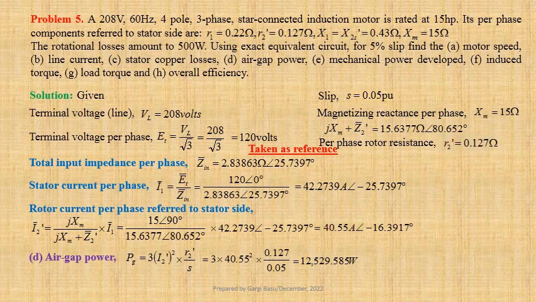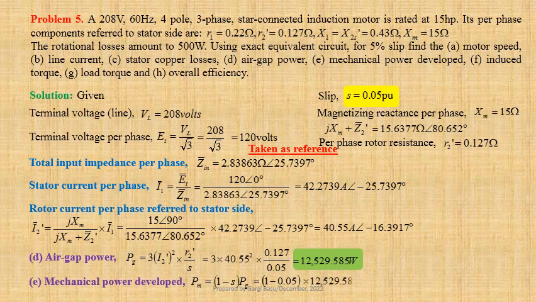Now we shall calculate mechanical power developed. Pm equals 1 minus S times Pg. Using values we get 1 minus 0.05 into 12,529.585, which is approximately equal to 11,903 watts.